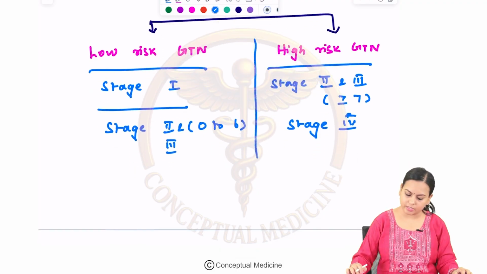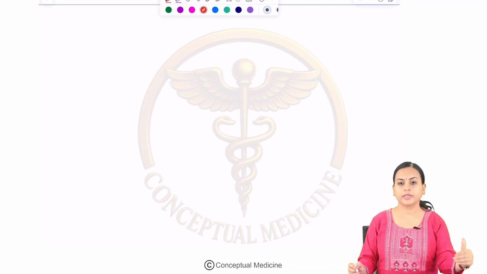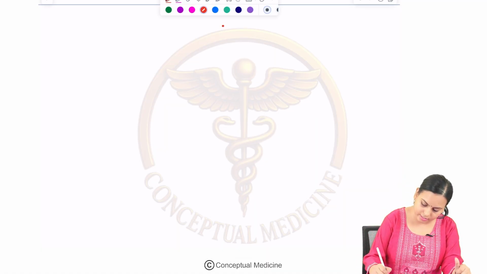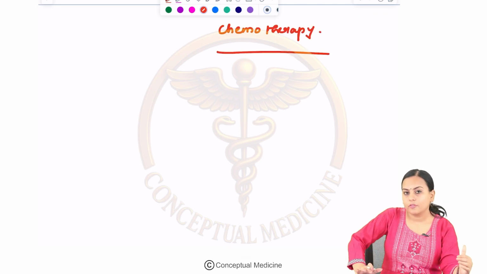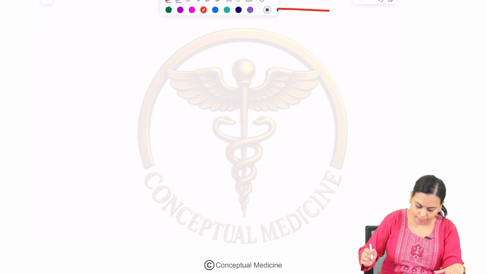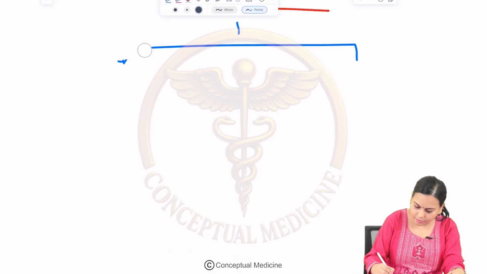Clear? Right. Now, let's discuss how to give chemotherapy in this case. We will not be giving chemotherapy for all cases. The primary modes of management of placental site trophoblastic tumor and epithelioid trophoblastic tumor are different. I am just explaining to you about choriocarcinoma.